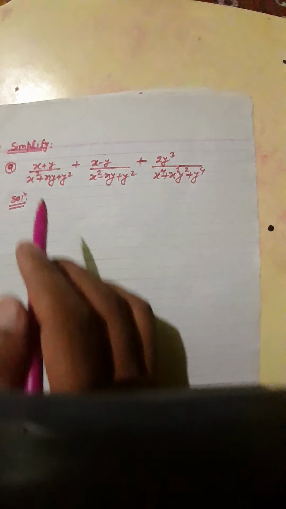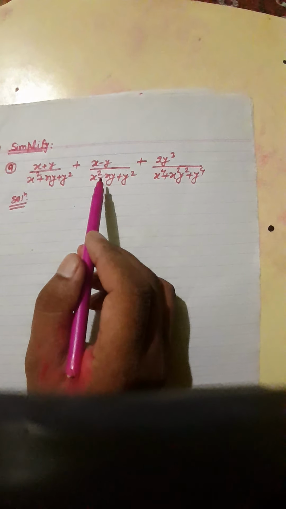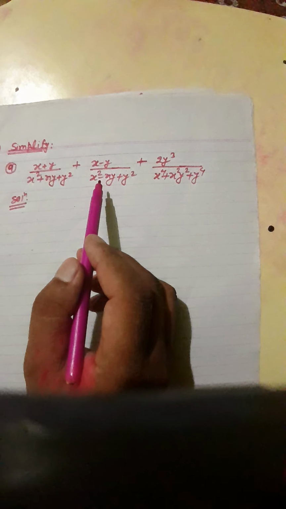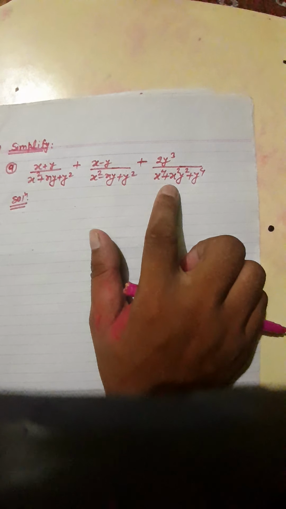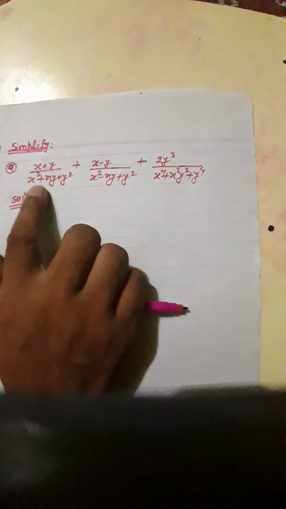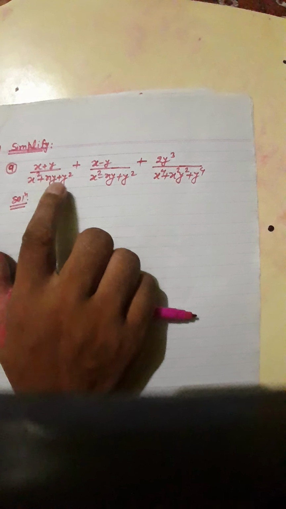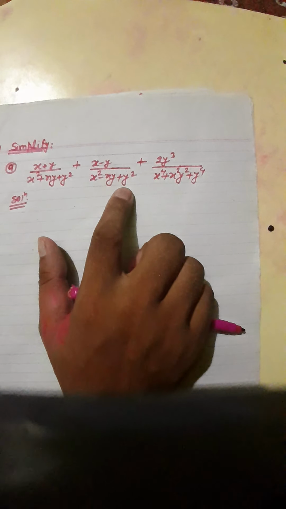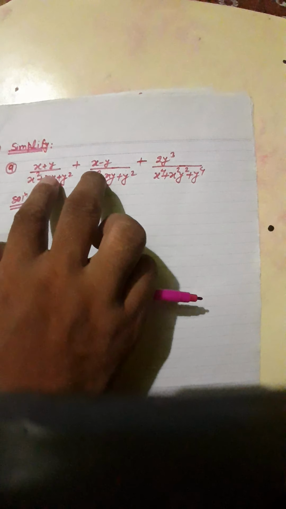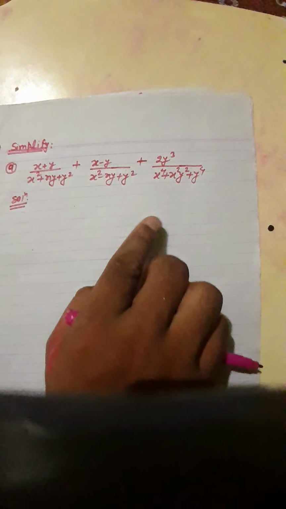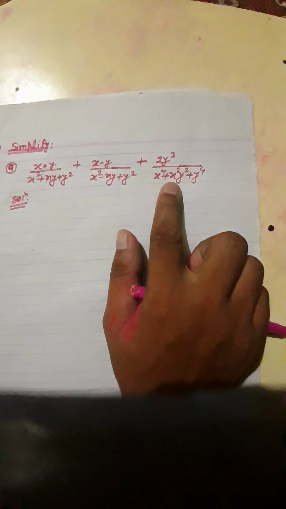So it is better to simplify the first and second expressions first, and then whatever we get, we can simplify again with the third rational algebraic expression. Since both have the same nature, x square plus xy plus y square and x square minus xy plus y square, it is easier to take the LCM here, so we can do this first of all.